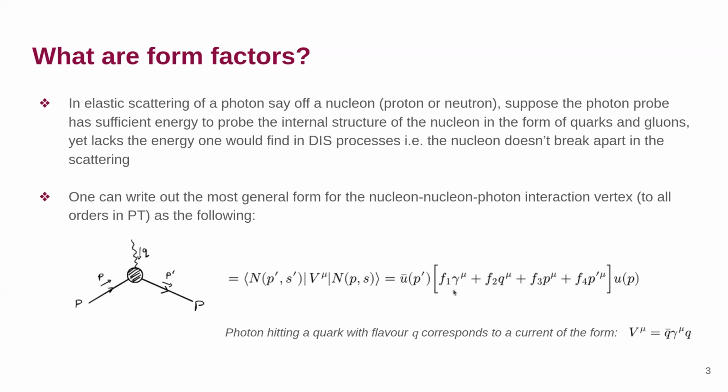So we could have something involving a gamma mu, a q mu, a p mu, or a p primed mu. Those are all the 4-vectors we have to work with. And those are accompanied by some factors, these F1, 2, 3, and 4.